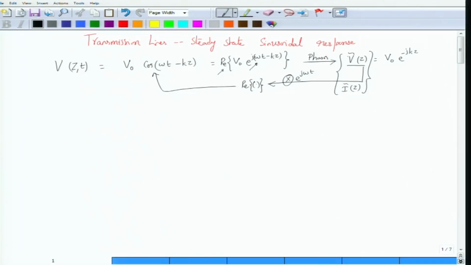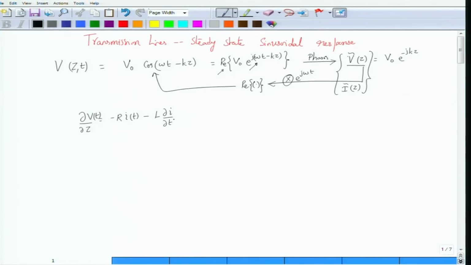So we will do that. In order to do that, let us actually start by recalling what the wave equation was. So del V by del z was equal to minus R I of z,t. This is the case where you had both z and t, and this is in the time domain waveform I am writing, minus L del I by del t.